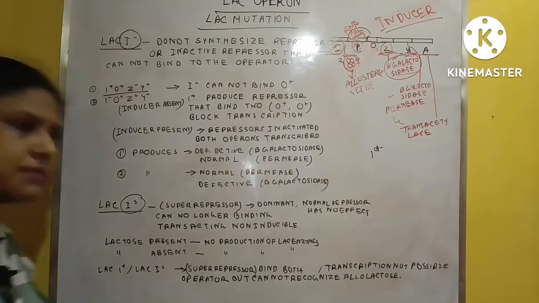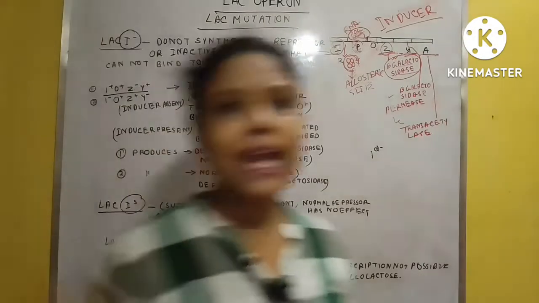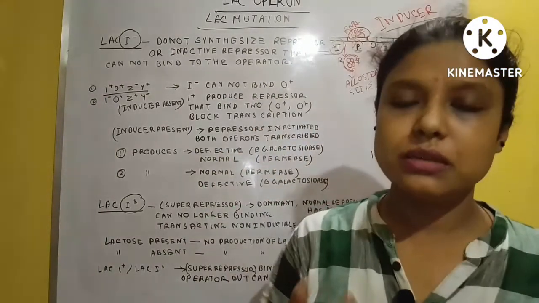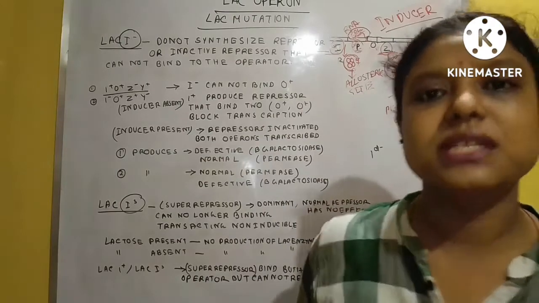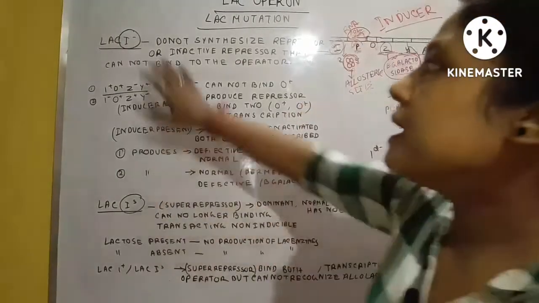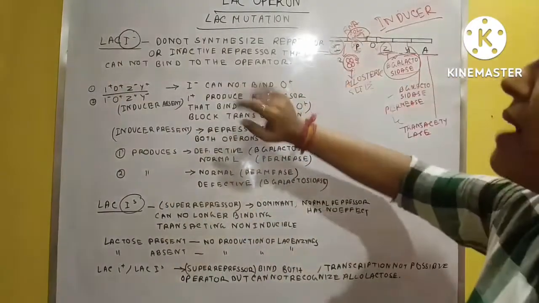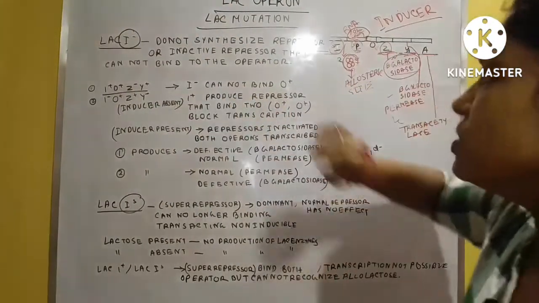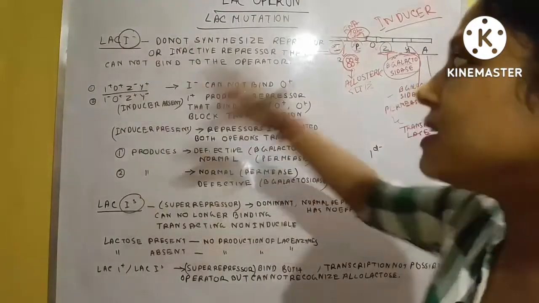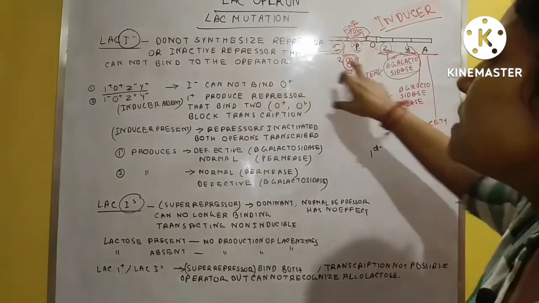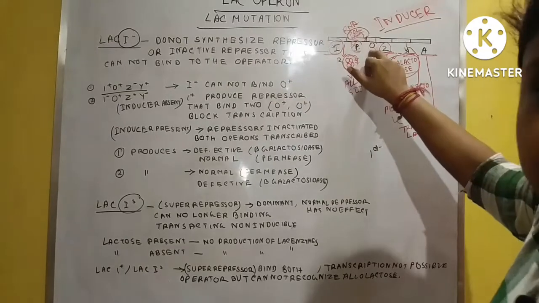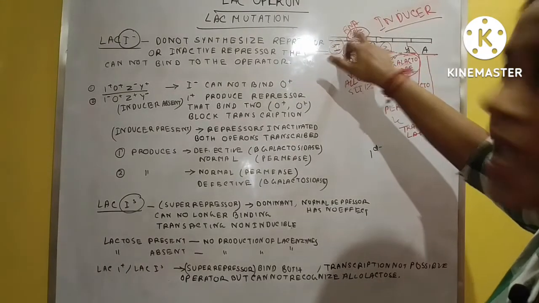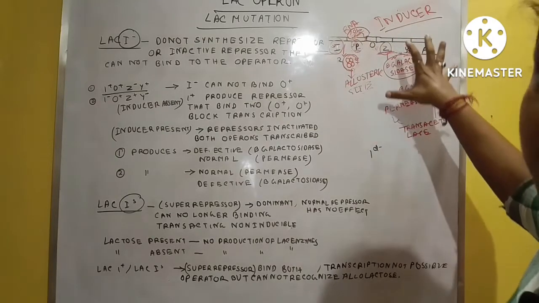So in natural cases, what happens? I plus produces the regulator protein that binds to the operator site, stops the proceeding of the RNA polymerase, and stops the transcription and translation process.